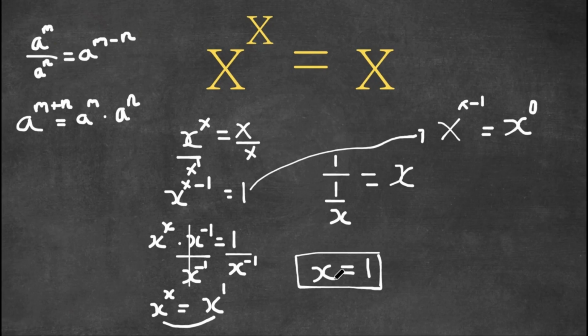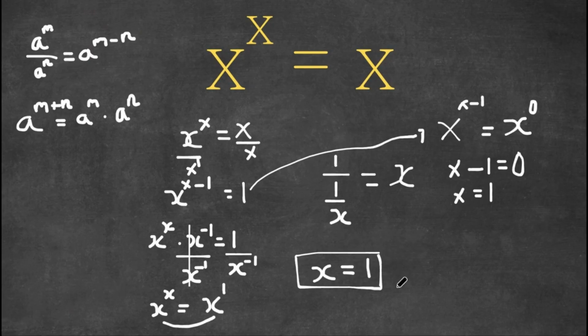Now we're going to do the same thing. We're going to set our exponents equal to each other. So we set x minus 1 equals 0, and if we add 1 on both sides, we get x equals 1. So this is another way of doing it. And actually, we have our solution as x equals 1.